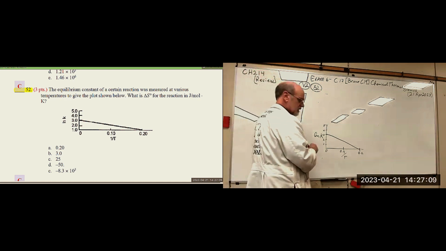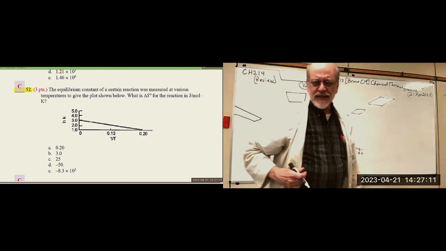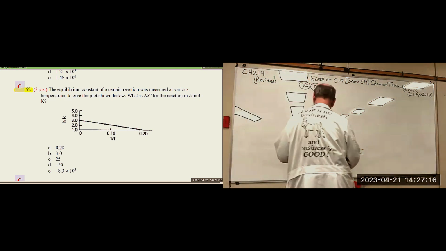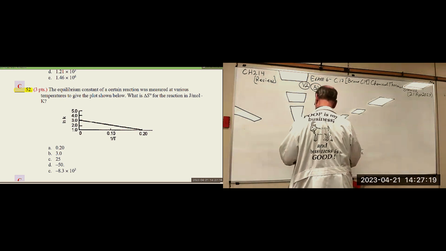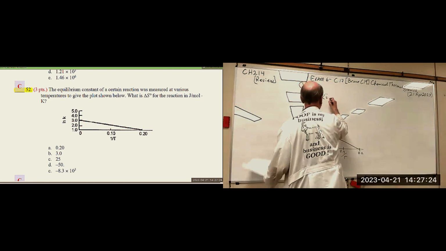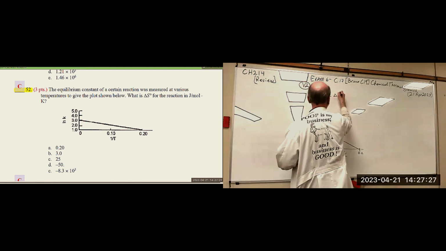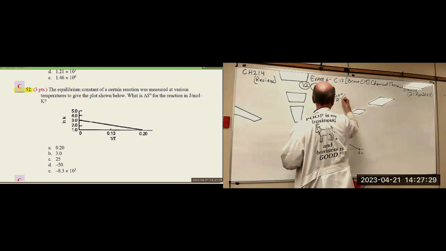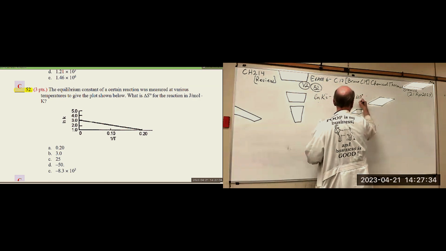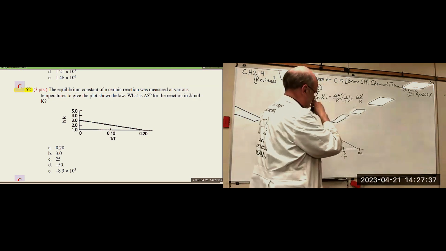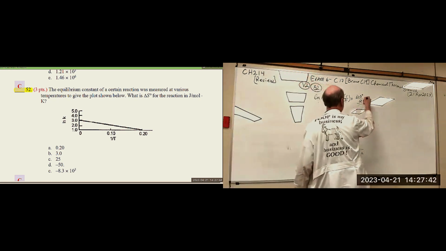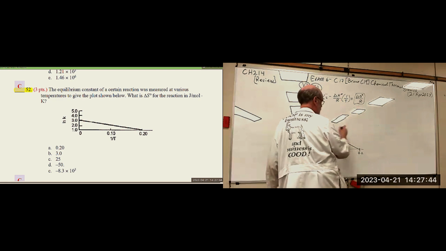Okay. Now, what's the question? What's delta S0 for the reaction in joules per mole K? All right, so we need this formula that I never can remember. Log K equals minus delta H0 over R times 1 over T plus delta S0 over R. If the question has to do with delta S0, we only need this part right here, which is 3.